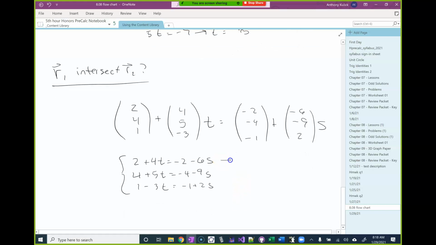And if I rearrange things so I have the s and t on one side and the constant on the other, I'm left with that system.